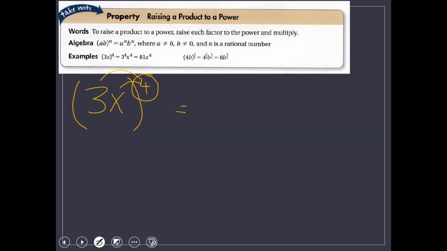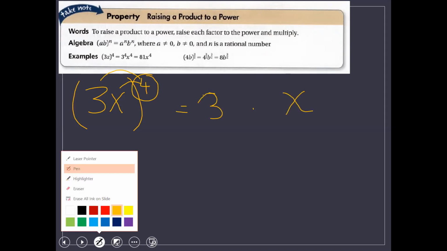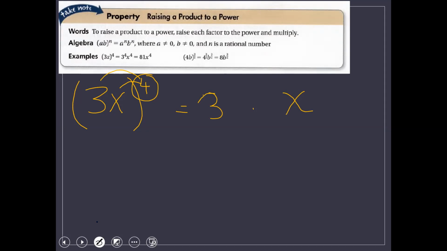So it will be 3 times x. It becomes 3 to the power 4 times x to the power 4, because I distributed the 4 into 3 and x.